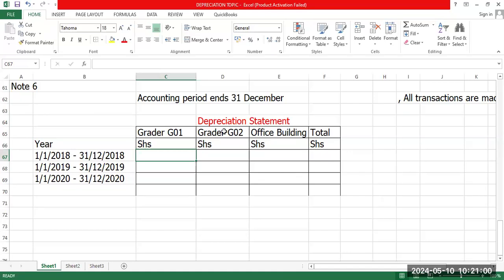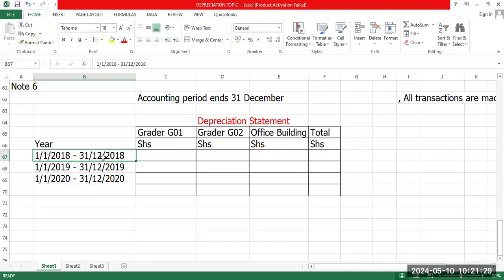What are you interested in? You want to know the reason why you are putting this year here. You want to know, in this year, what was the total depreciation? Because we record the total depreciation, we don't record the depreciation of each asset. When we are doing combined accumulated depreciation, it means that they need total depreciation for all assets.